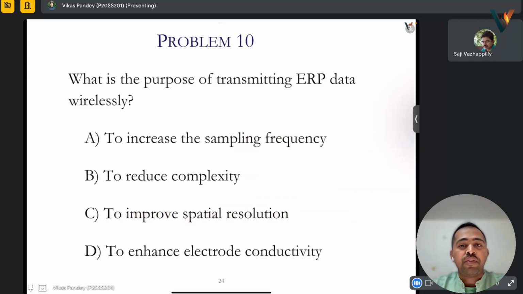So what is the purpose of transmitting ERP data wirelessly? To increase the sampling frequency, to reduce complexity, to improve spatial resolution, or to enhance electrode conductivity. Maybe to reduce complexity. Yes, otherwise it will have a lot of wires and all, right?